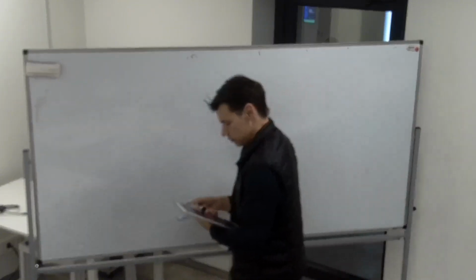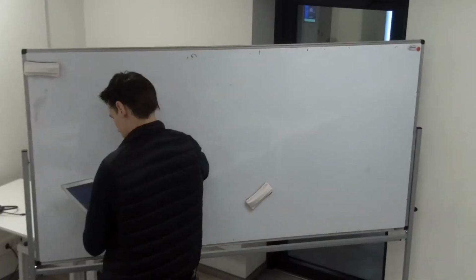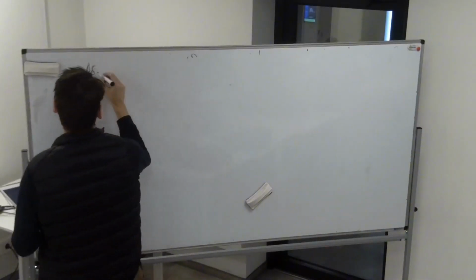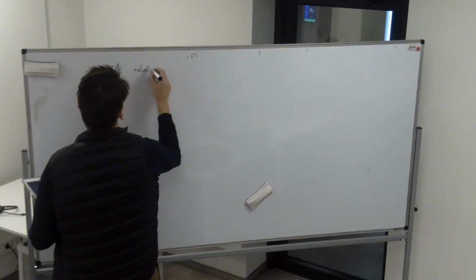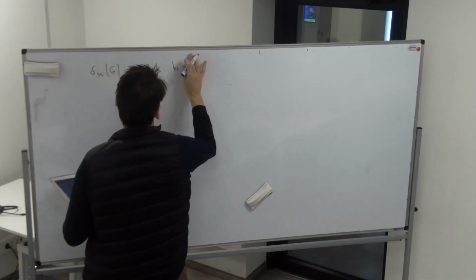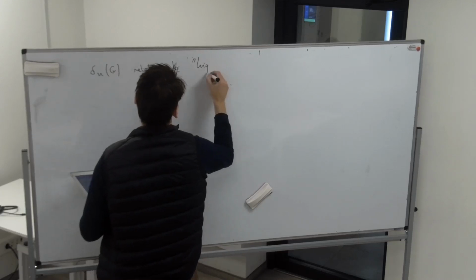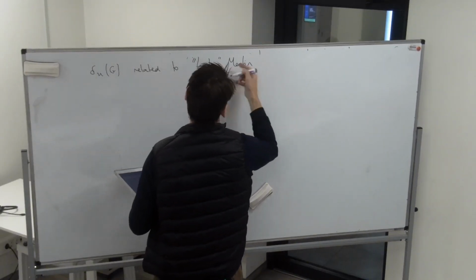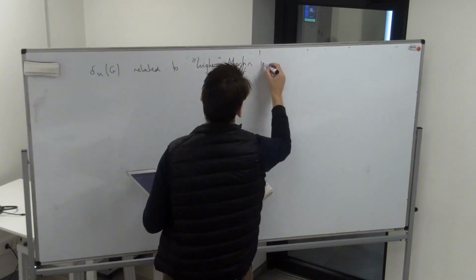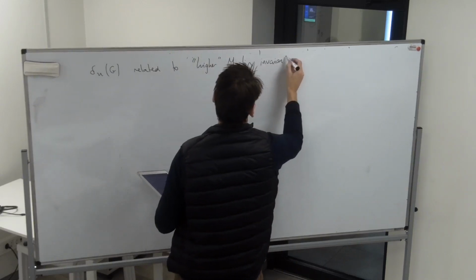In fact, maybe quickly I'll just say delta n G is related to higher Martin invariants. They call them Martin invariants, but they really invented them, these authors.